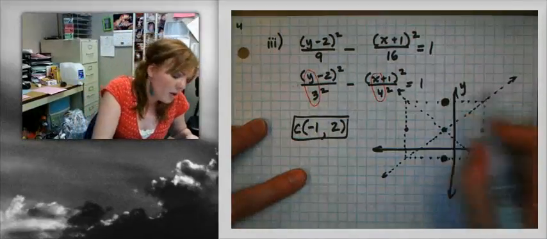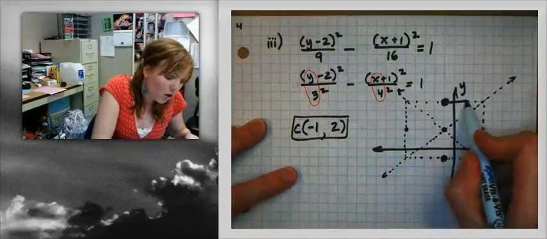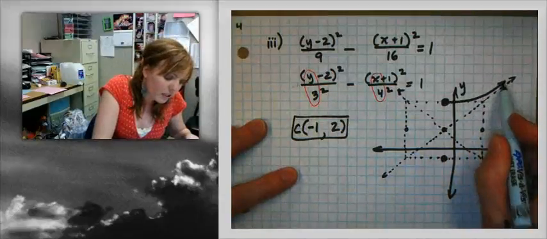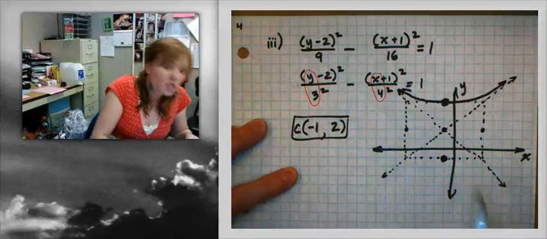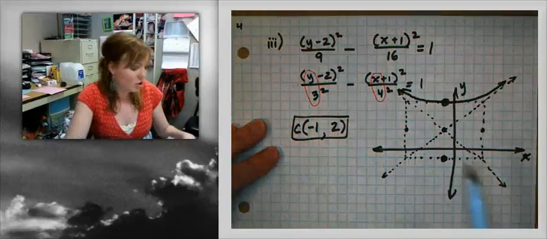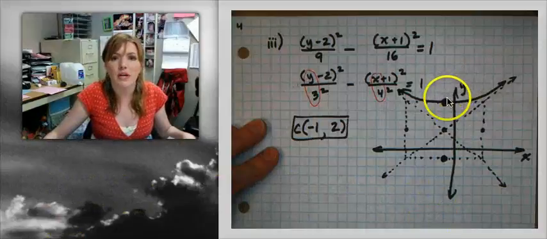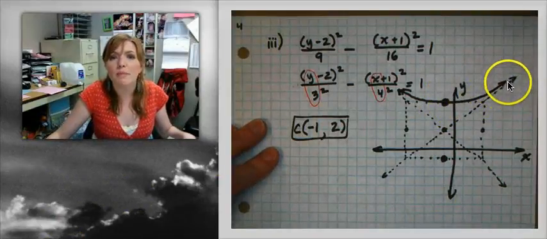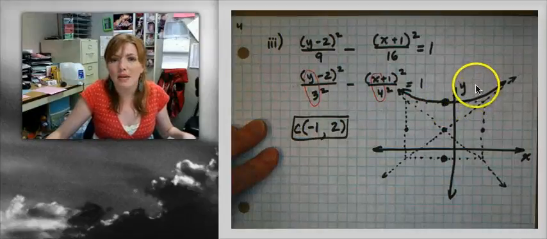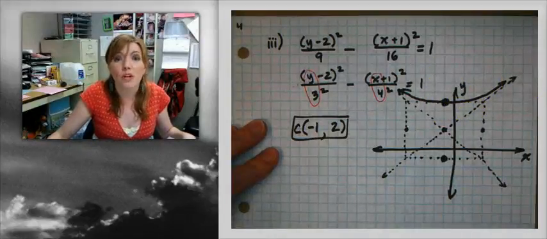The way that we draw them is we go along the box and then really close to the asymptotes but not touching. As the curve extends, it gets closer and closer to the asymptote. Some people have a tendency to make the curves go back inward. You don't want to do that.